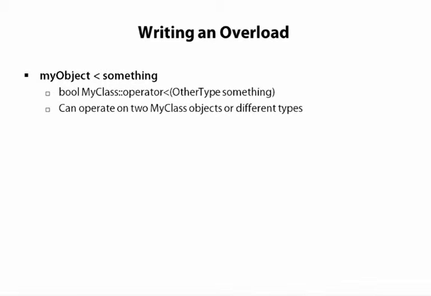So if you've written some my class and you want to be able to say, is my object less than some other thing? Is this order less than a different order? You write a function called operator less than. And if you're writing an overload for operator plus or operator times or operator plus equals, all of which can be overloaded, then those are the names you give.